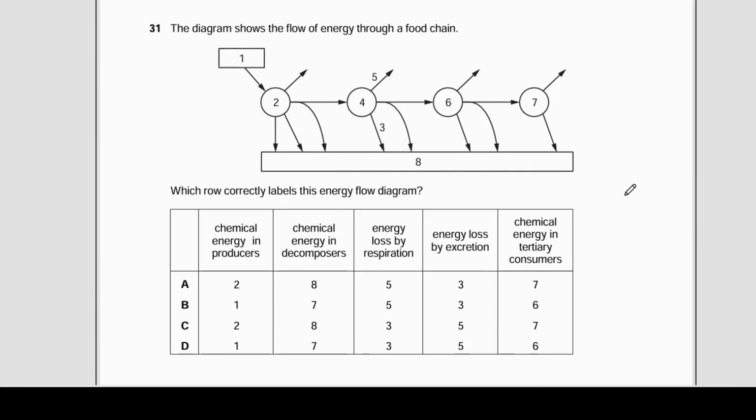This one is a producer. Exactly, this one is producer. This one is not a source. This one is producer. This one is source. This one is primary consumer. This one is secondary consumer, right? And this one is tertiary consumer. Exactly.